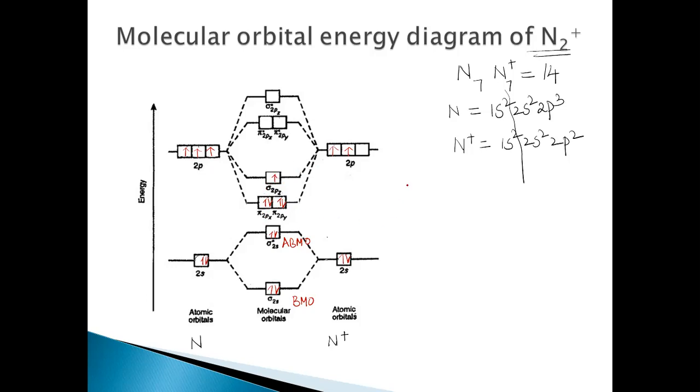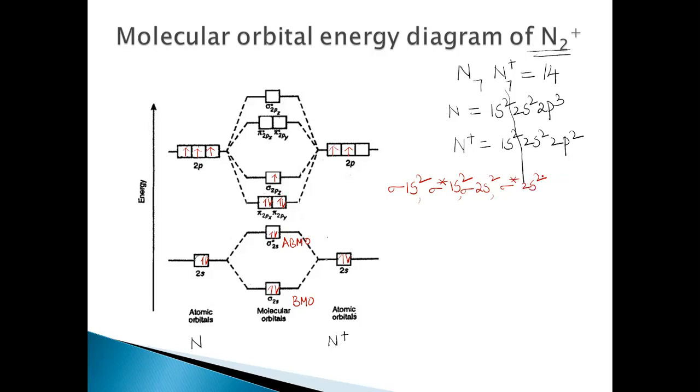So yes. Now, when you calculate, how do you write the electronic configuration of this? Sigma 1s2, sigma star 1s2. I have not shown that in the picture. Now, sigma 2s2. Then comes sigma star 2s2.